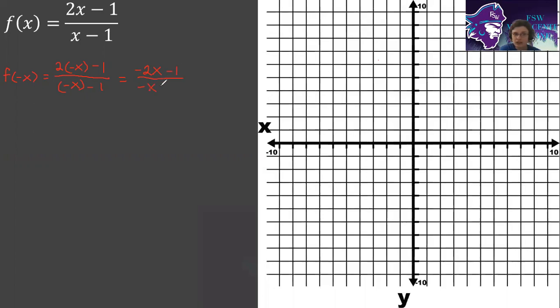This function is not the same as the original, and so we do not have the y-axis symmetry. Additionally, this function isn't exactly a negative version of the original, because while it's true that the first terms for both parts are opposite, this minus 1 is not changed. So we do not have a y-axis symmetry or an origin symmetry. So we can say no symmetry.